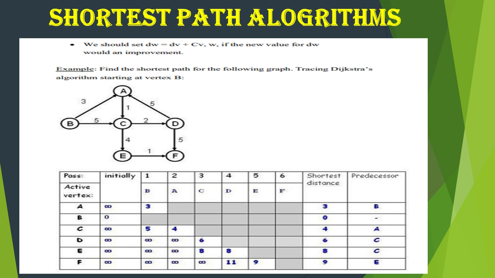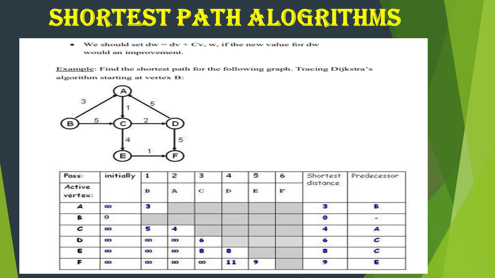From D we have to visit all the other remaining vertices. From D we can visit only F. So 6 plus 5, that is 11. So there is a path B to F. The cost to travel from B to F is 11, which is the new value.